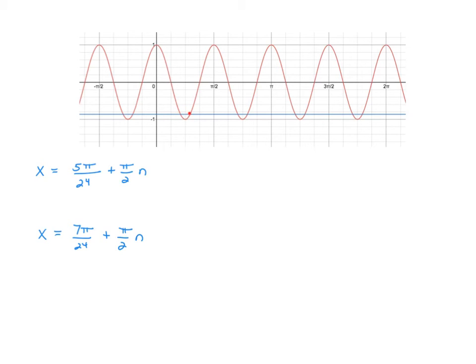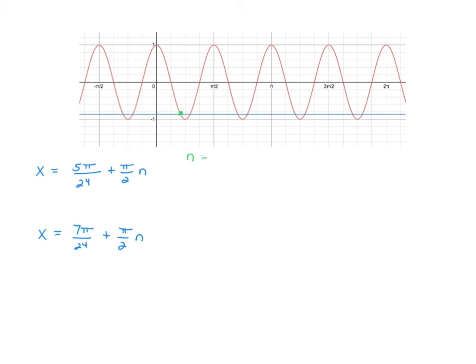So I have 1, 2, 3, 4, 5, 6, 7, a total of 8 solutions. What is this first solution here? This is going to come from this expression with n equals 0.